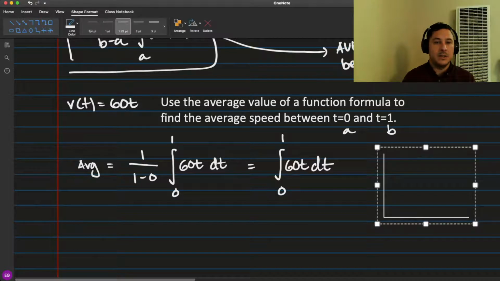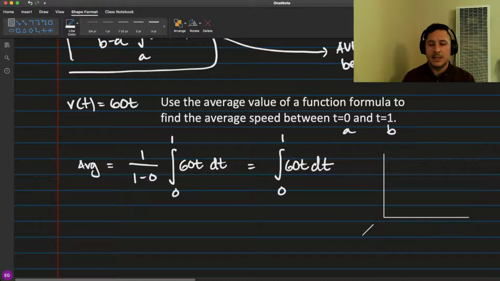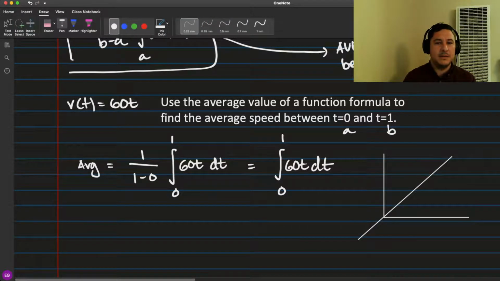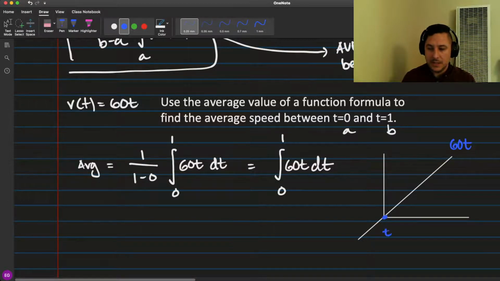There's my x and y axis. Here's my 60t line. We're going between t equals 0 and t equals 1.